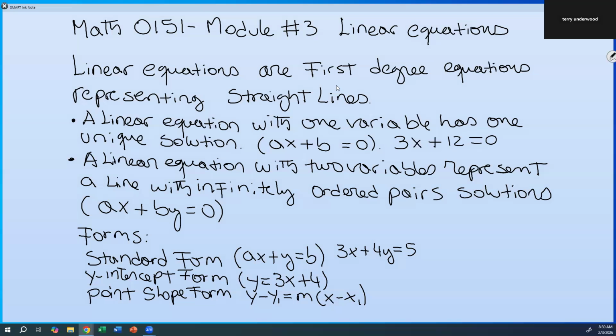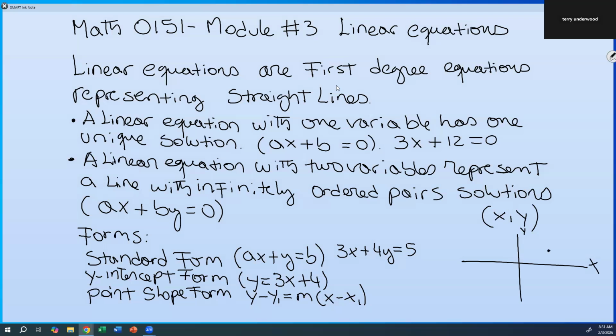A linear equation with two variables represents a line with infinitely many ordered pairs, because in a line, an ordered pair is a solution. An ordered pair is an x and a y. It's a point in the xy plane. That is your x, your y, and you have a point in the plane.